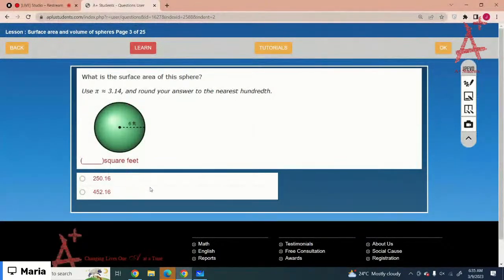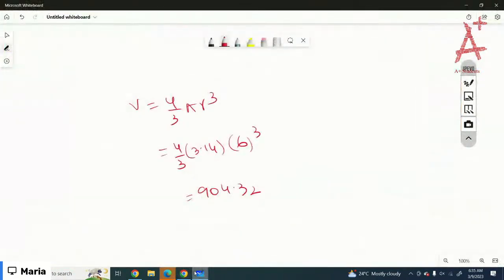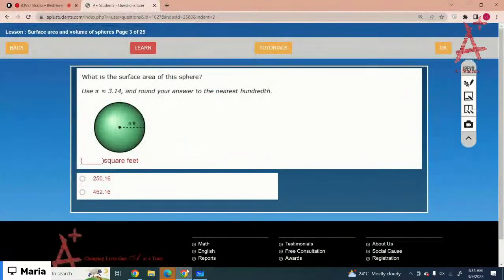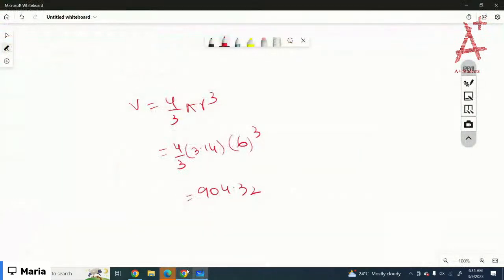So the correct option is 904. No, we don't have this one. Let me just calculate again. 216 times 3.14 times 4, r is 6, and divided by 3.